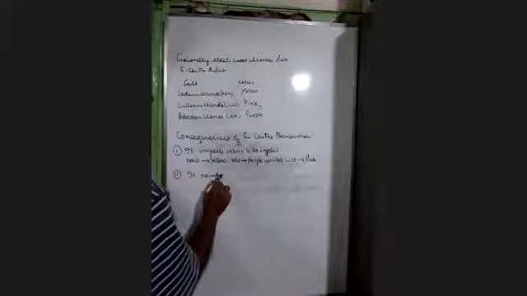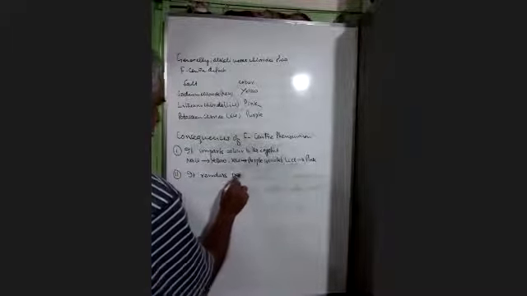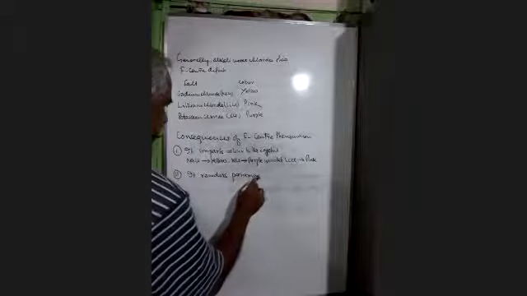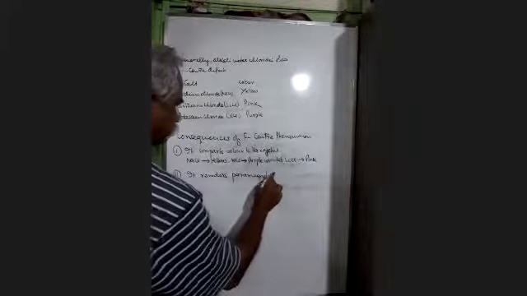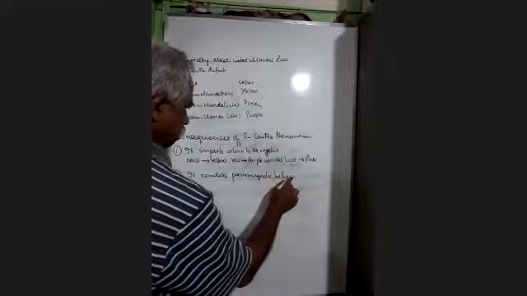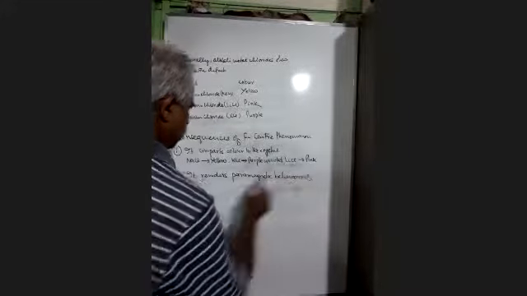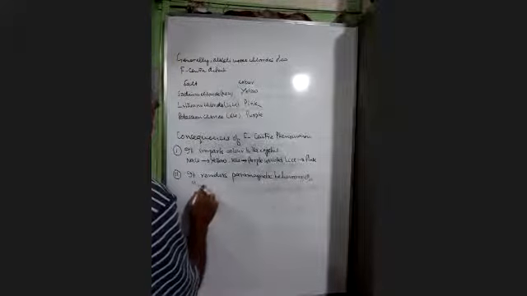It renders paramagnetic behavior. If the question comes why the F center develops paramagnetic behavior, you simply write one sentence: due to the presence of unpaired electrons in their anionic vacancies.